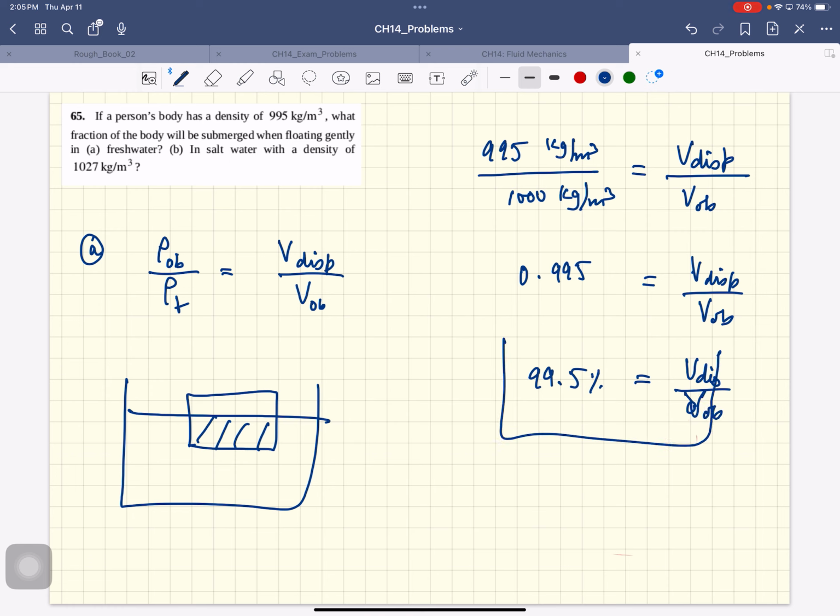So if this person doesn't panic, there'll be 99.5% submerged and 0.5% will stick out. And that can be your nose.